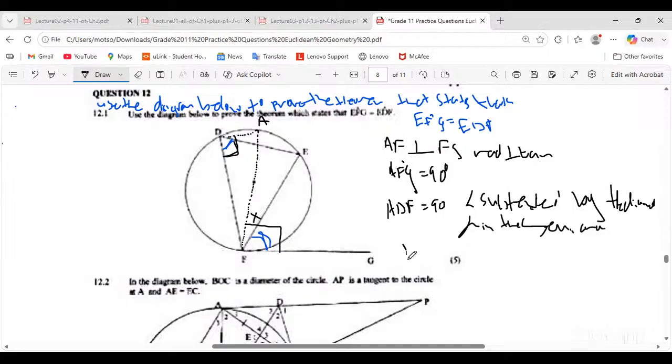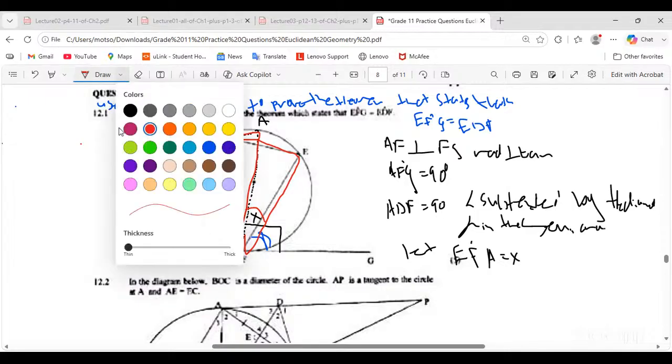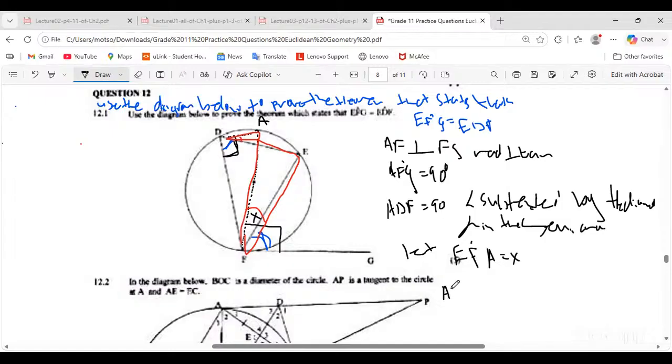You say let EFA be x. If this angle is x, that angle will also be x because we can see our bow tie shape. So this angle is equal to that angle. So angle ADF is also equal to x.